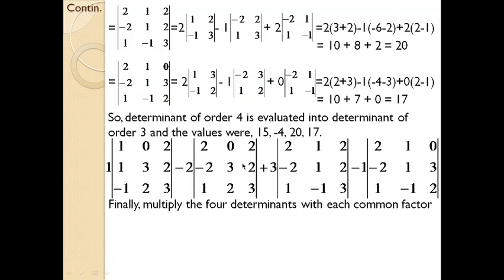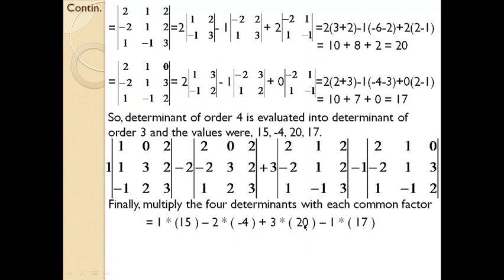Likewise, here the second determinant value is minus 4, and the common factor of that determinant is minus 2. So it can be written as minus 2 into minus 4. So it will be written as first one, 1. 1 is the common factor of the first determinant, 1 into the determinant value, 15. So 1 into 15 minus 2 into the determinant value minus 4, which we have found, plus 3 into the next determinant value you have solved and found to be 20.